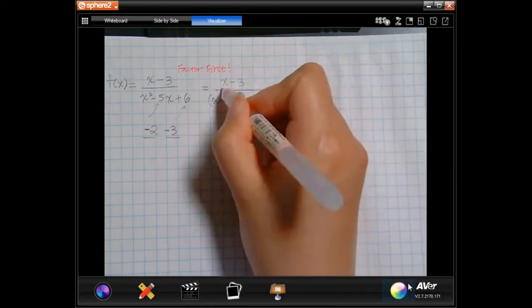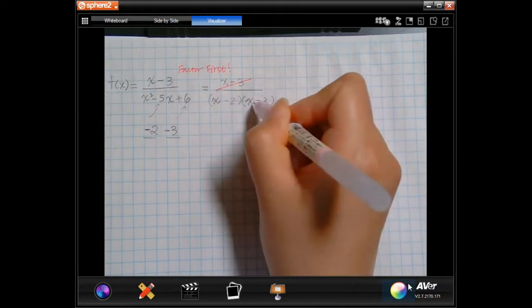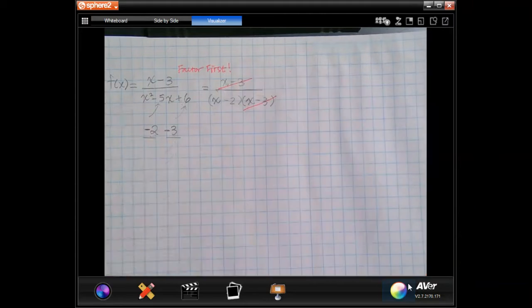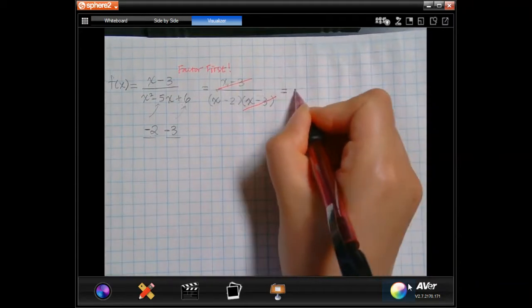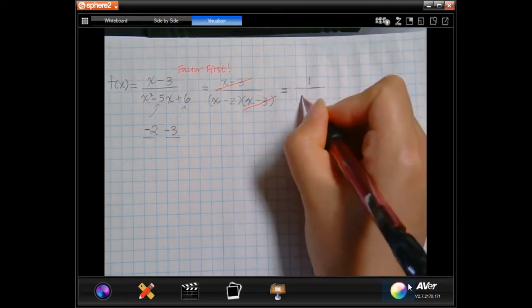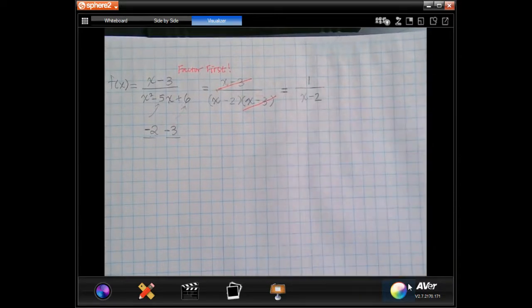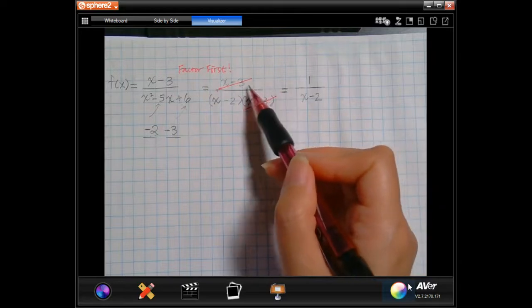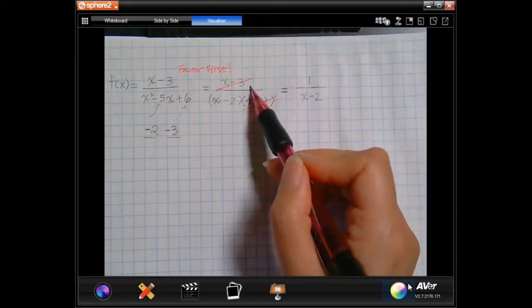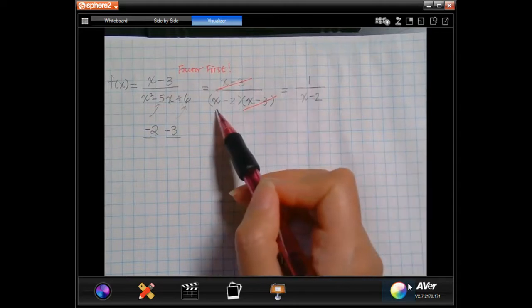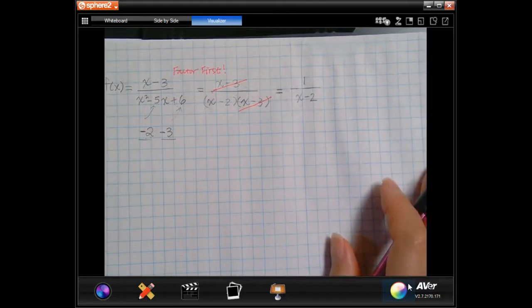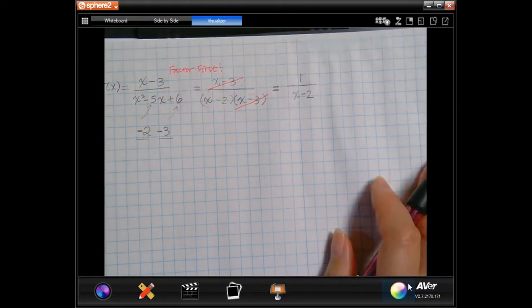So now I can cancel x minus 3 and x minus 3 entirely, so that I can have this simplified form. When I cancel this factor, there's no other surviving factor, and what I have invisibly before there is 1.